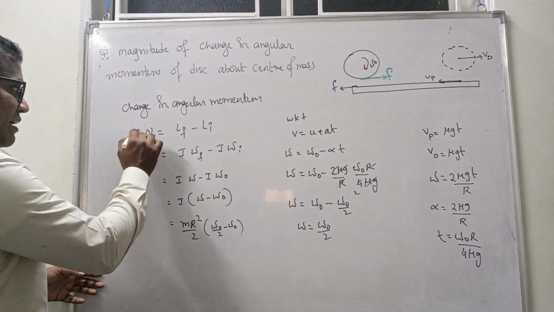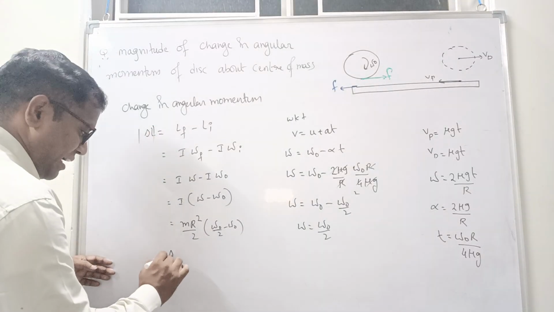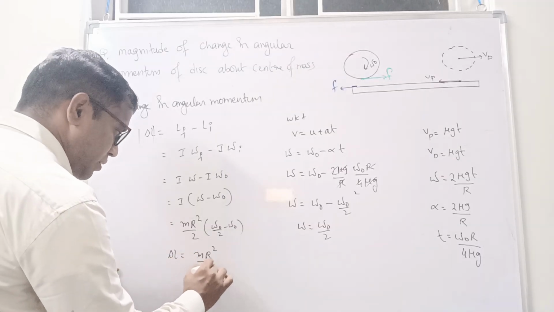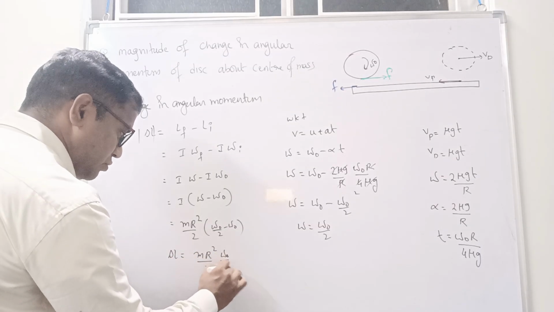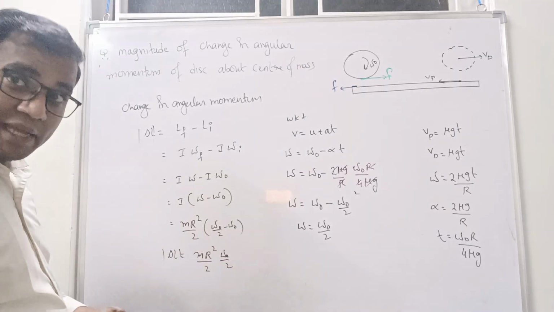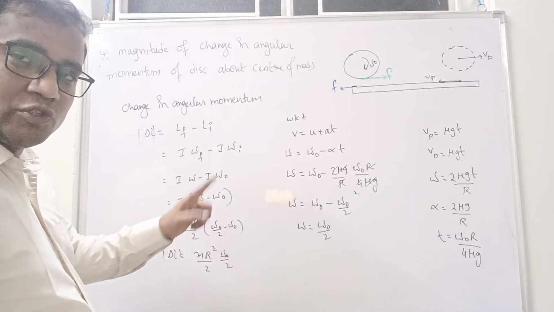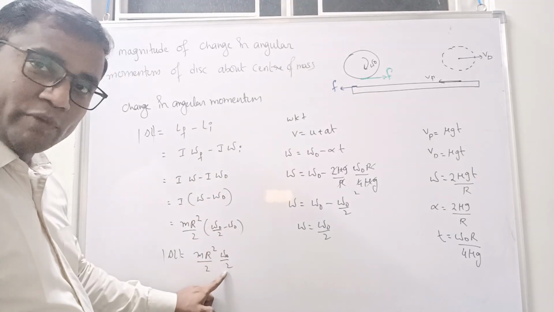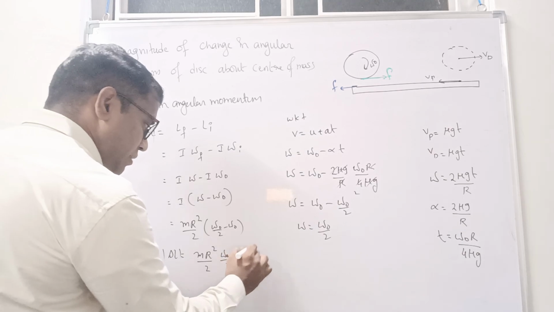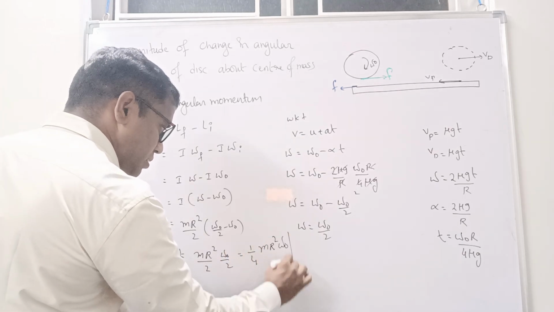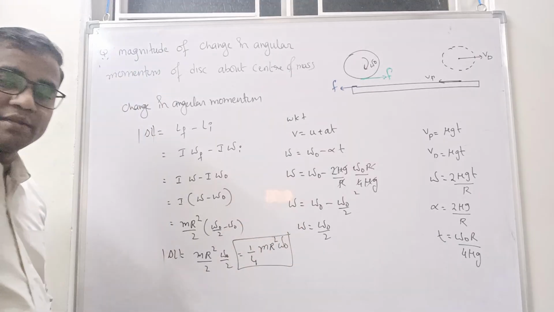The magnitude of delta L is m r square by 2 into omega naught by 2. So finally I will write 1 by 4 m r square omega naught. This will be the answer.